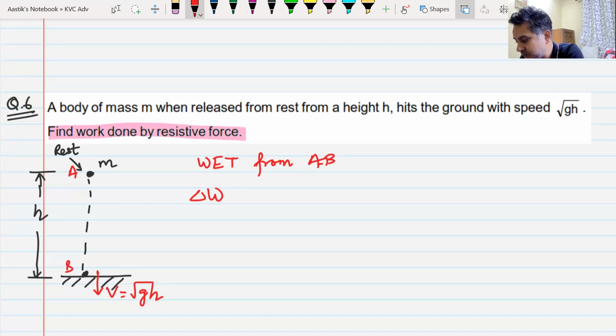Change in kinetic energy is equal to work done, sir. Work done by what? All forces. Work done by all forces is equal to change in kinetic energy.